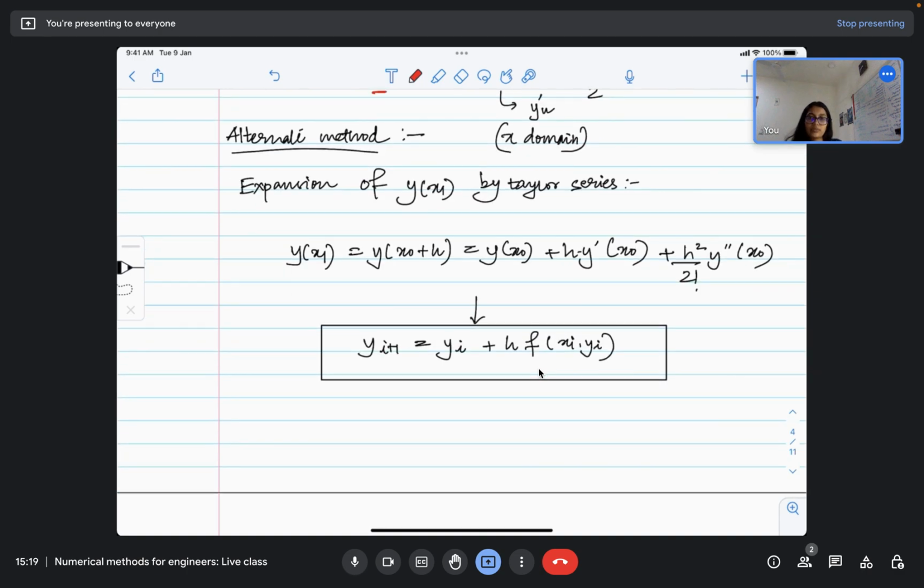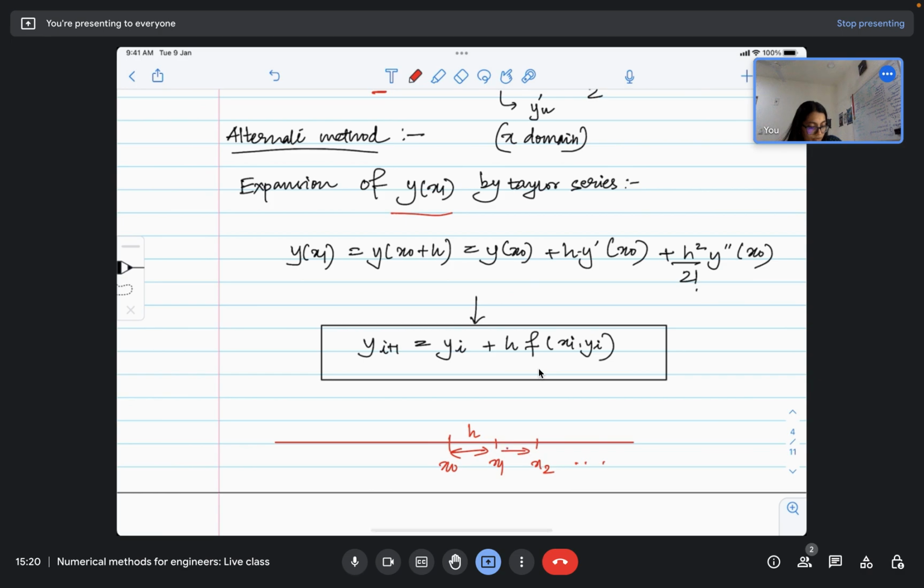Okay? So in Taylor series expansion, the function y of x1 will be written as y of x naught plus h. And why is this happening here? Because if we imagine this to be the x domain, and this is x naught, this is x1, this is x2, and so on, they are equispaced by an interval of h.